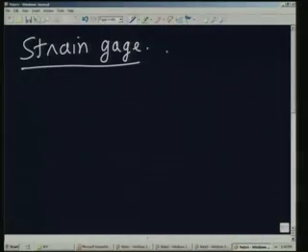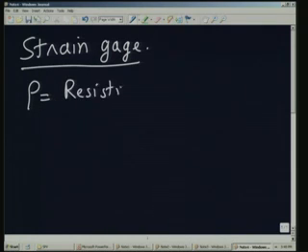The strain gauge has a material which has a resistivity equal to rho. Let me just introduce the resistivity. We are talking about the electrical resistance of the material. The material is usually a conductor with a specific resistance or resistivity equal to rho, which is in units of ohm meter.